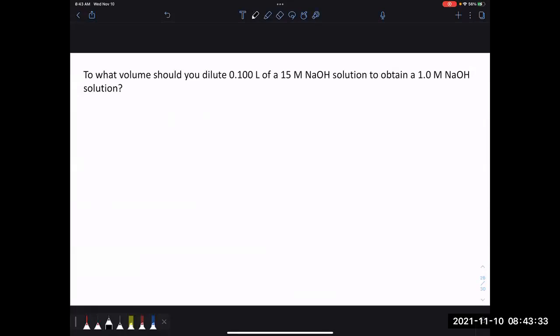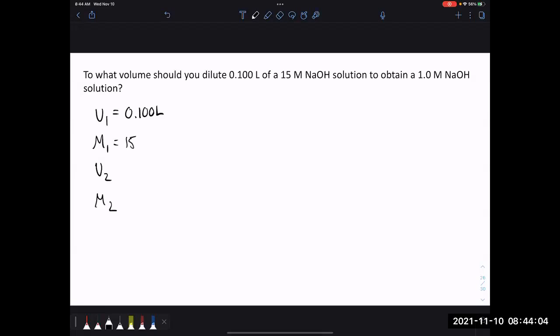So to what volume, there's a hint there, should you dilute 0.100 liters of a 15 molar sodium hydroxide solution to obtain a 1 molar sodium hydroxide solution? So again, we can set this up the same way. We're going to have a V1, M1, V2, M2. So our V1 is 0.100 liters.